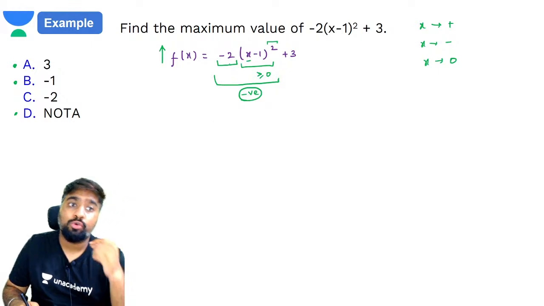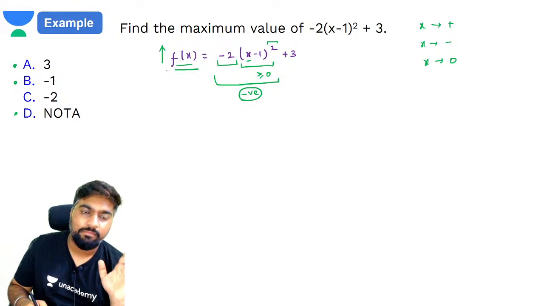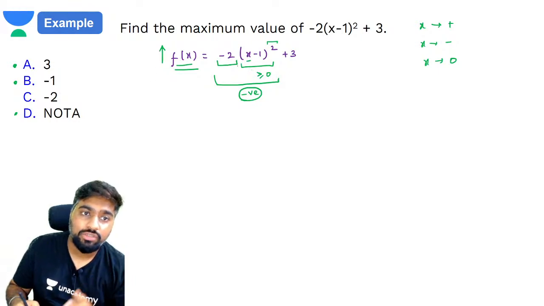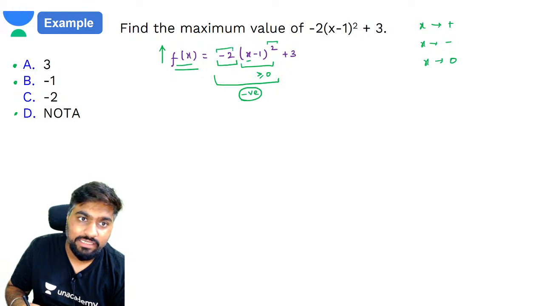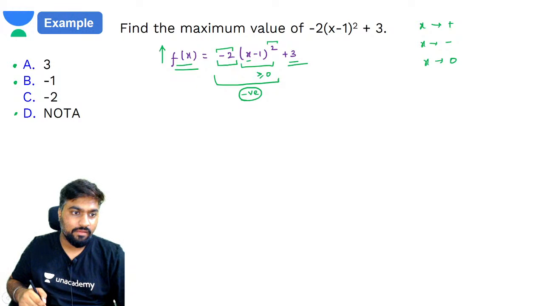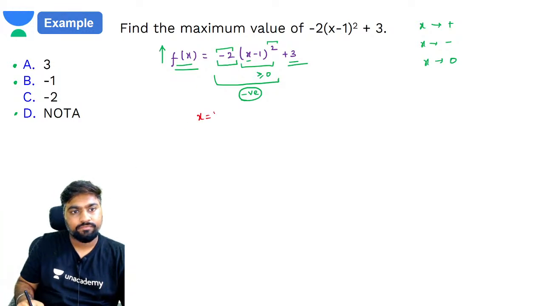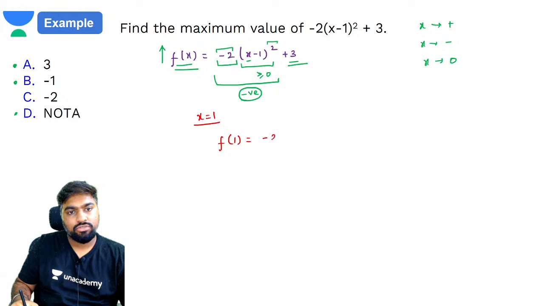Now if I want to make the value of f of x maximum, then what should I ensure? I should ensure that this negative doesn't affect my constant. So if I plug in x is equal to 1, what will happen? f of 1 will become -2 into (1 minus 1) squared plus 3.